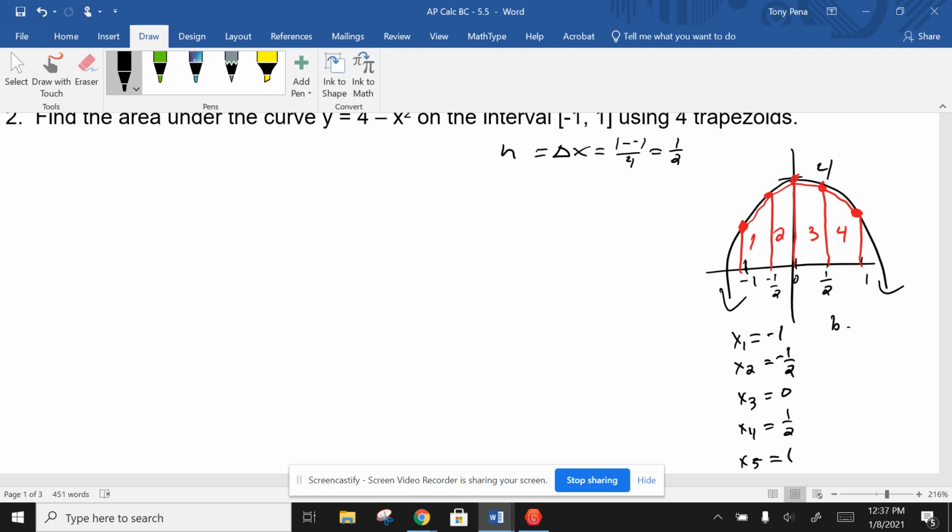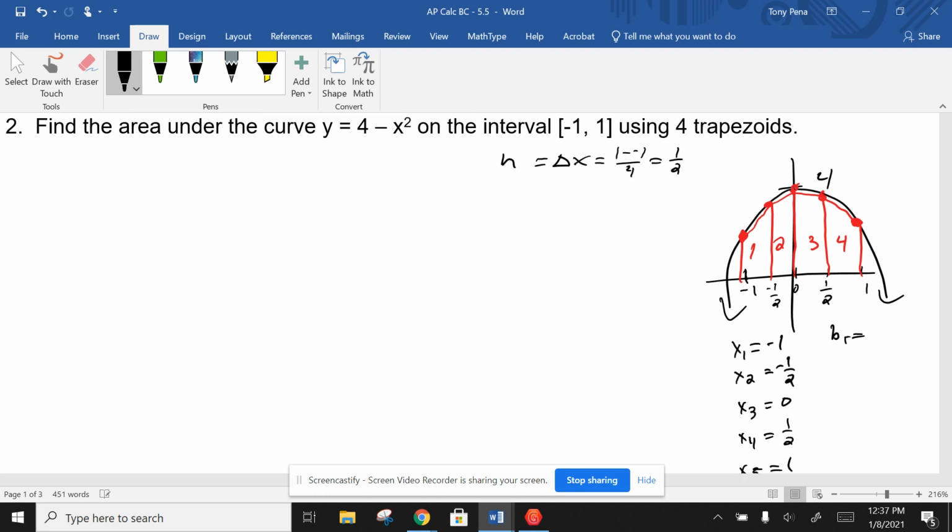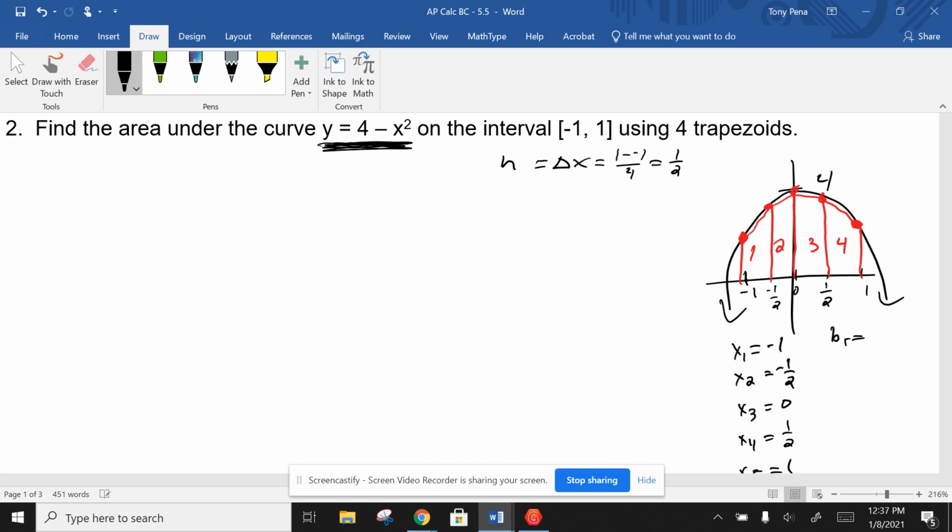All right, so now figure out these lengths. So now we're just going to evaluate when x is a -1, what's the y coordinate, because that's our height. So take your -1, square it, subtract it from 4, should give you 3. Take the x value of a -1/2, square it, that's a 1/4. So what, 4 minus 1/4 is 15/4.